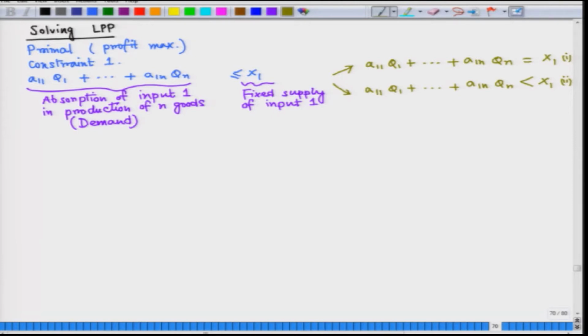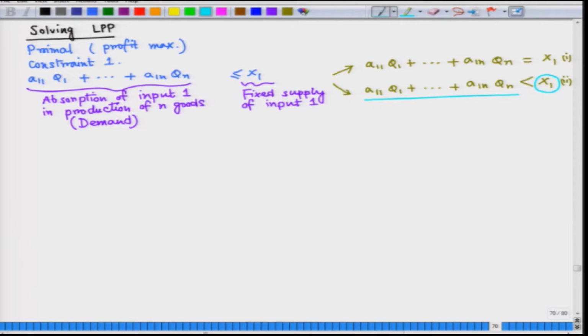So, we have to convert this strict inequality to an equality, so that it is easier for us to handle. How to get this done? Of course, we can see that the right hand side of this inequality is higher compared to the left hand side of the inequality. So, there is a deficit.